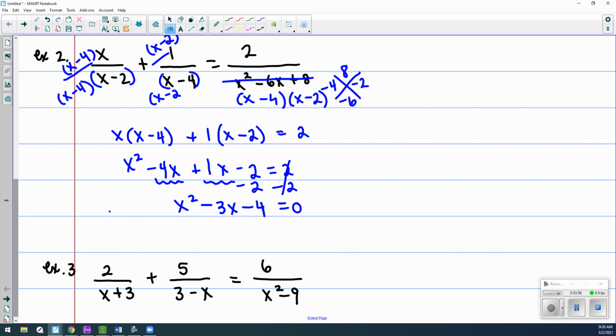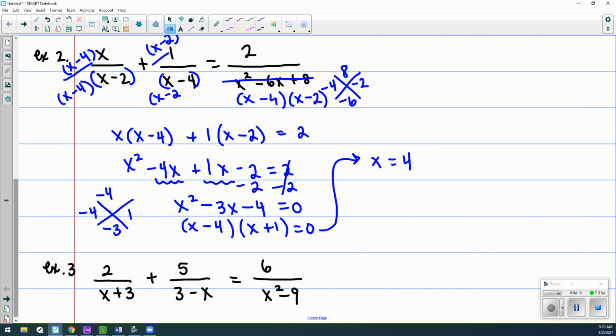Hey, that's quadratic again. Are there 2 numbers that would multiply to negative 4 and add up to negative 3? Yes, there are. So x minus 4 and x plus 1, using the zero product property, my solutions are going to be 4 and negative 1.